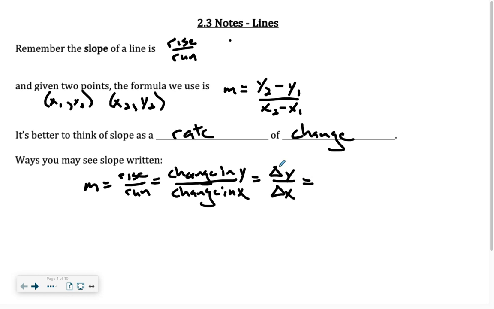And a calculus kind of notation for slope is dy over dx. We may see it written just using our formula, y2 minus y1 over x2 minus x1. So lots of different ways that we may see slope expressed mathematically.